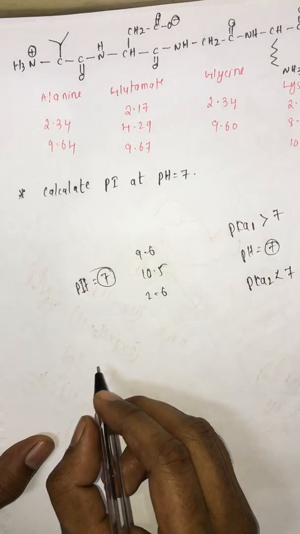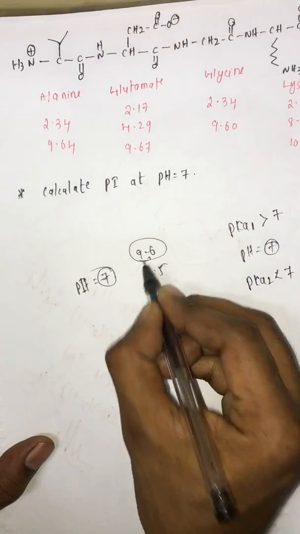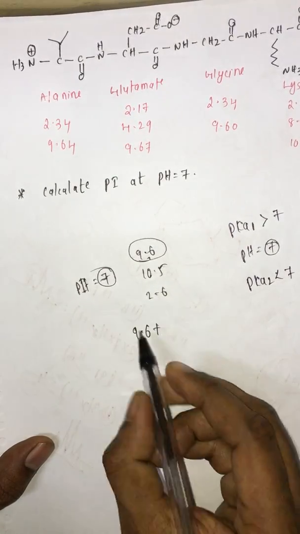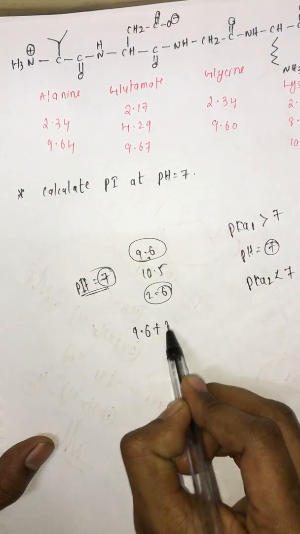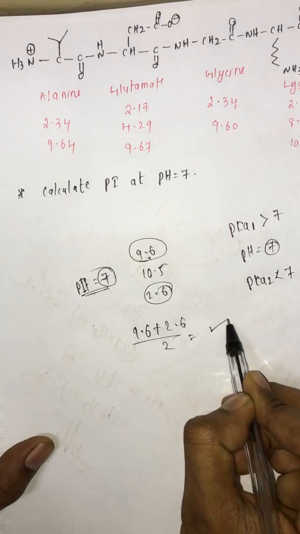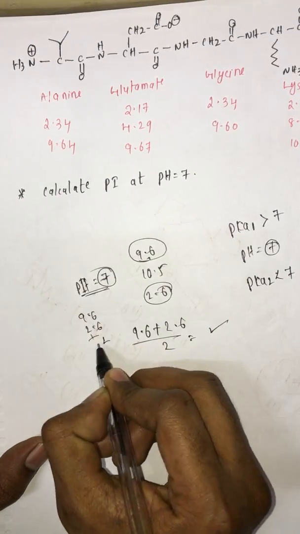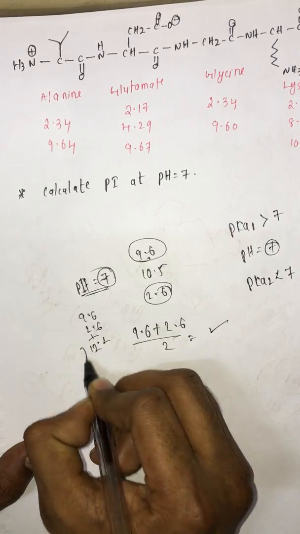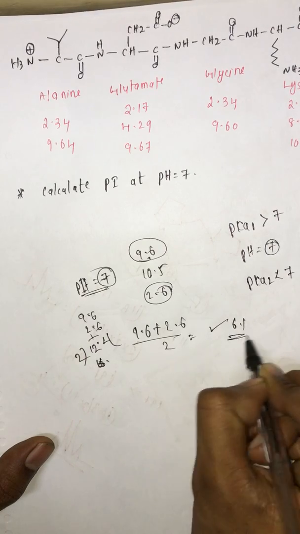So now we will take one value which is next higher to the 7, that means 9.6, plus the value which is lower to the 7, that is 2.6, divided by 2. So the answer will become 6.1.